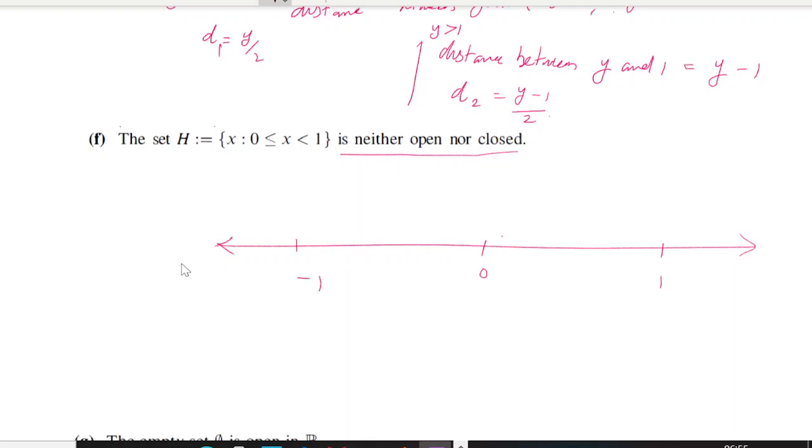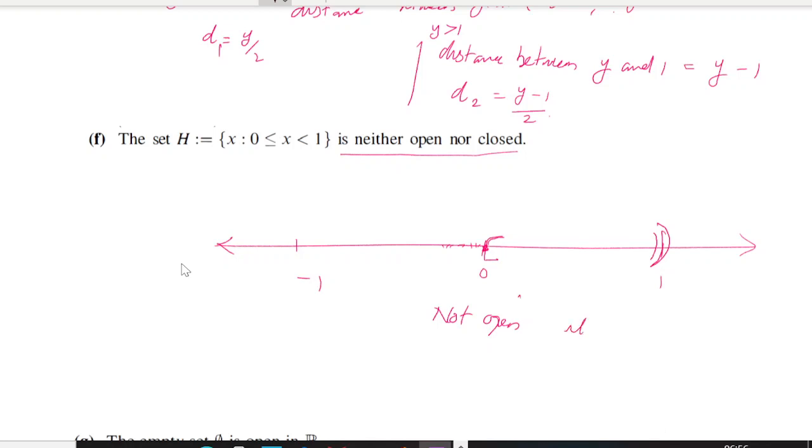So this 0 is included and this 1 is excluded, right? Now this set is not going to be an open set. First of all, it is not open. What's the reason? When you take the point 0, any neighborhood of 0 will contain points outside of this set, right? So this is not open.